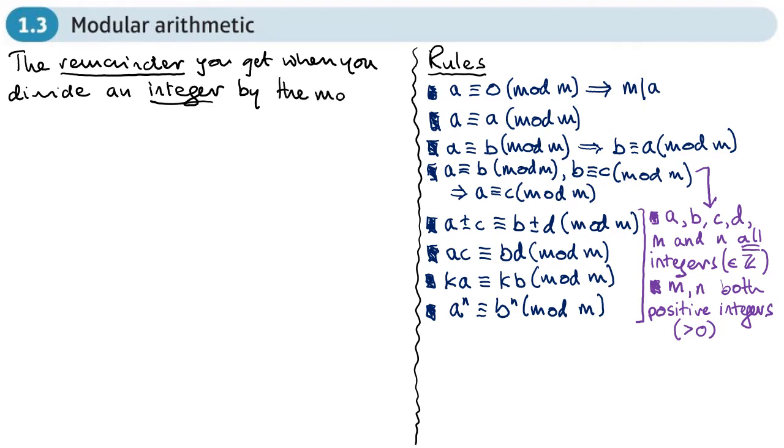So it's the remainder you get when you divide by the modulus.